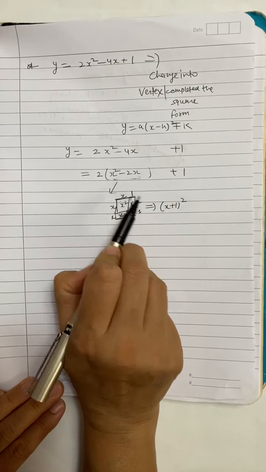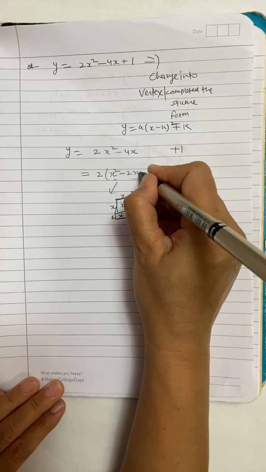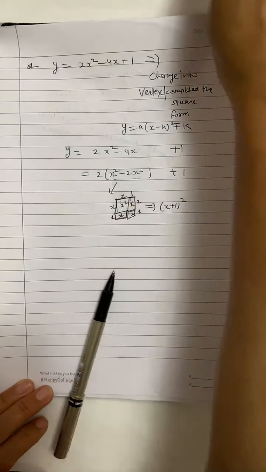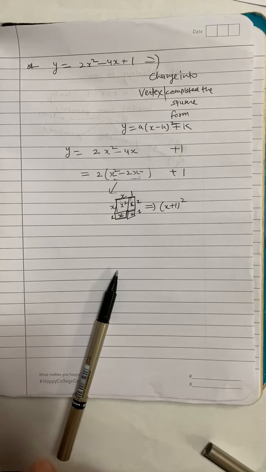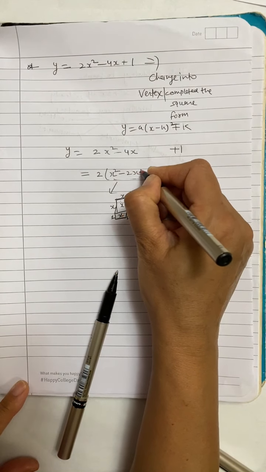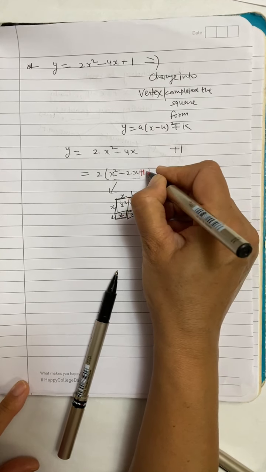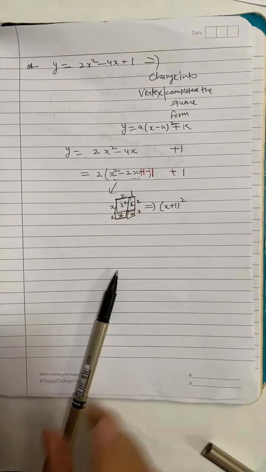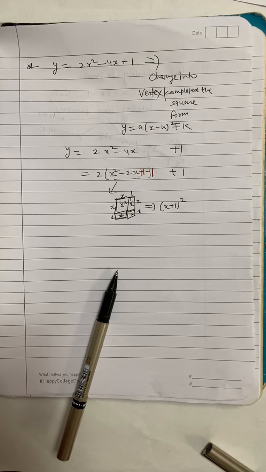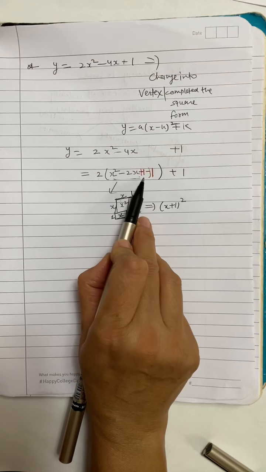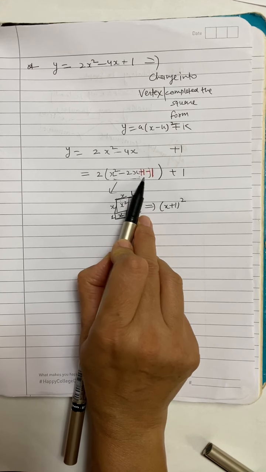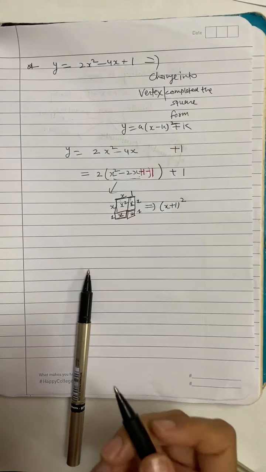To change this into x plus 1 whole squared, I need to add 1, and I also need to subtract 1, because if I'm adding anything, I also need to subtract that. Since there is a 2 in front, in fact we added 2 and subtracted 2, but you don't have to worry about that.